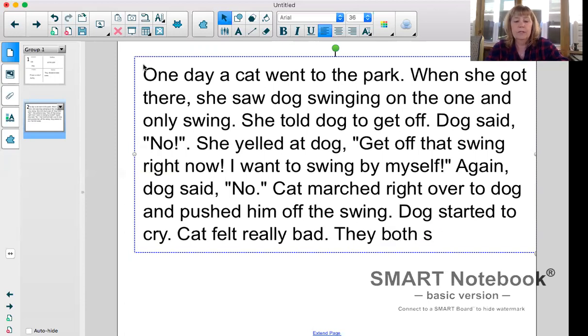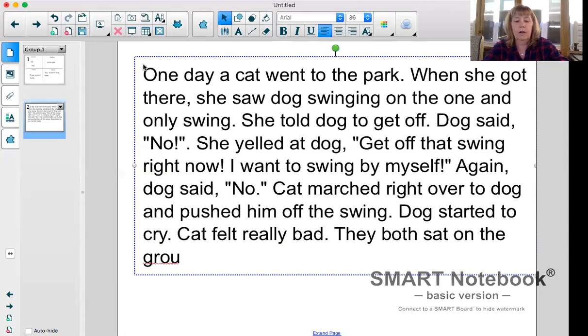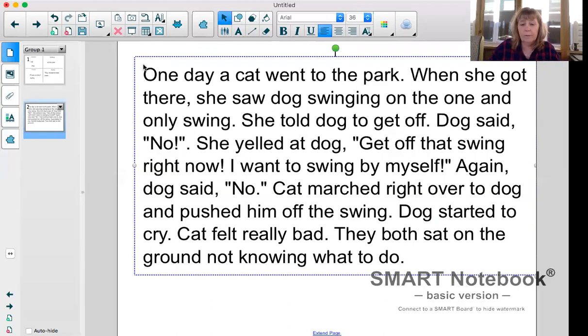They both sat on the ground, not knowing what to do. Here comes my solution now.